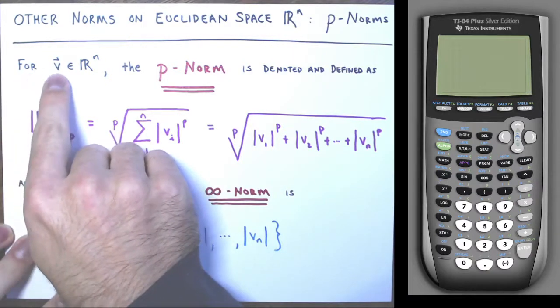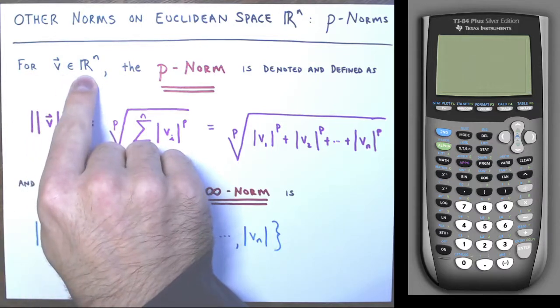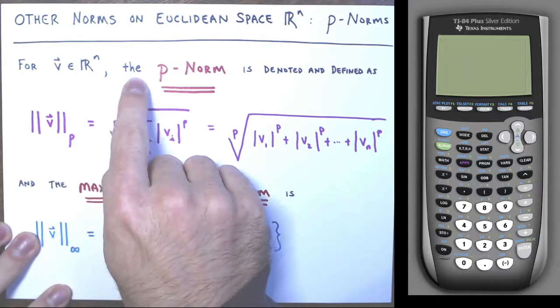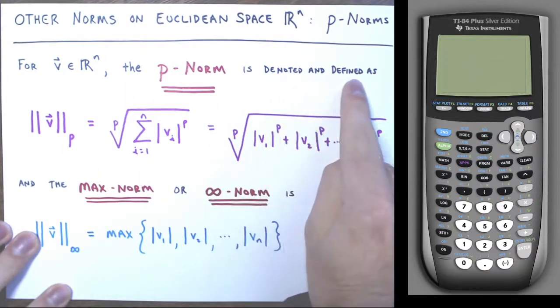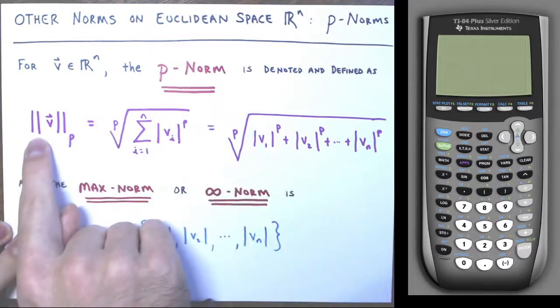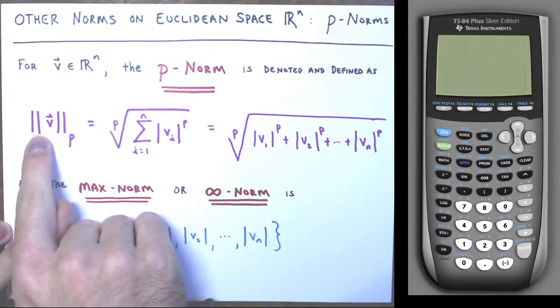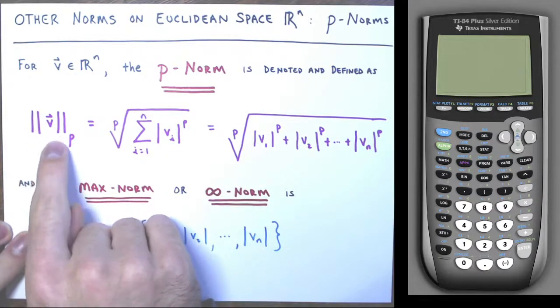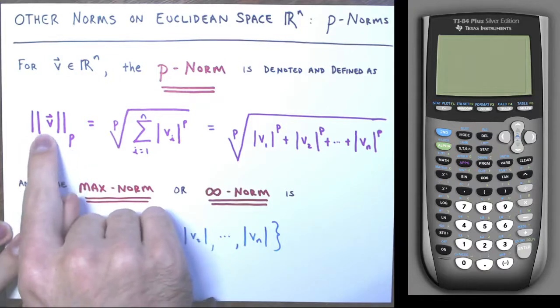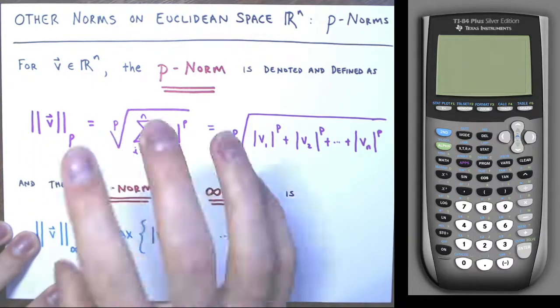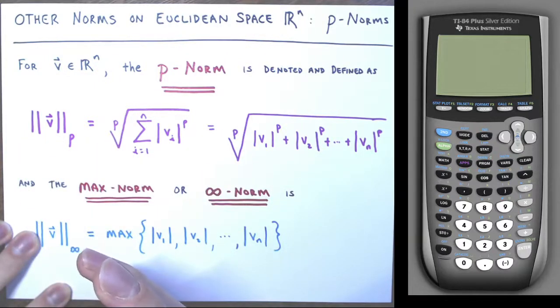For any vector v belonging to Euclidean space, right, Rn, some vector with n components, the P norm is denoted and defined as follows. So you have the same symbol, right, the norm of vector v, but with a subscript of p. Right, so this is the P norm of v, and it's a similar setup, right?